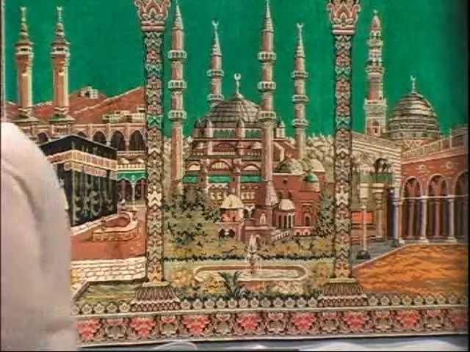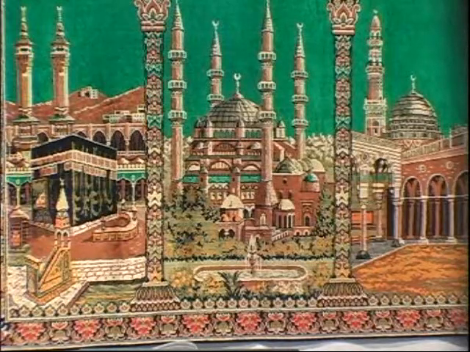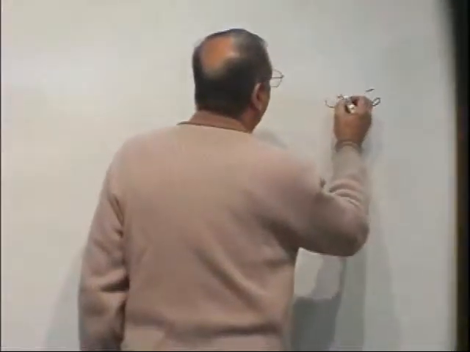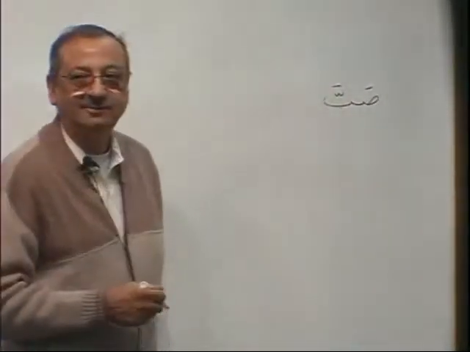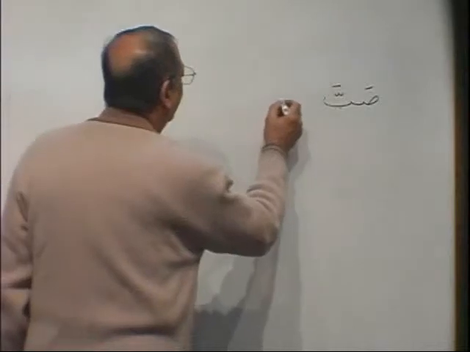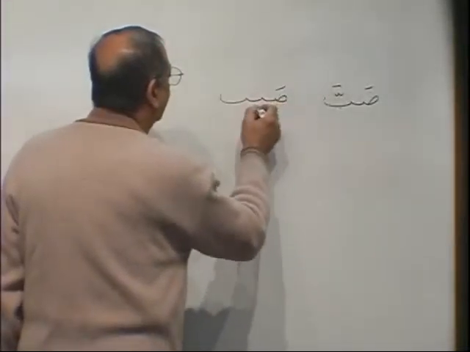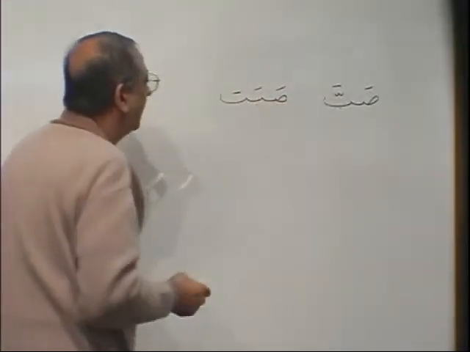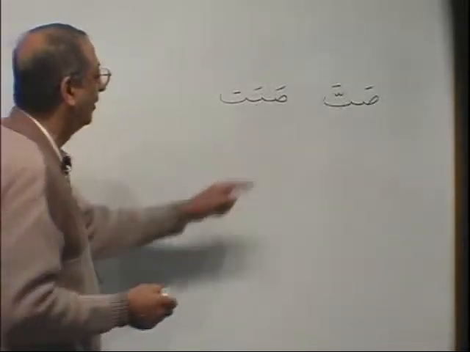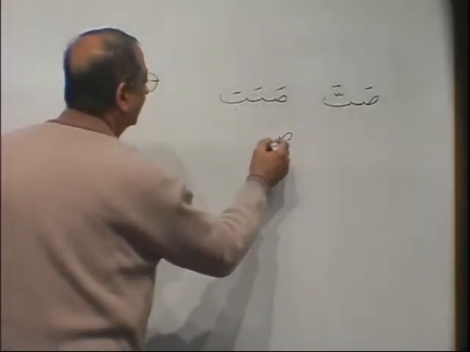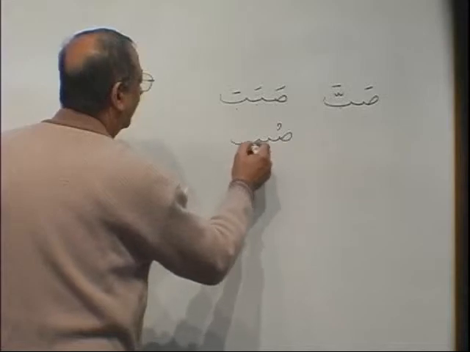Now make it majhul. Sabba. Sabba will become subba. Okay, brother. Let me write it down, brothers and sisters. Sabba. Break it down: Sababa. Now, make it majhul: Subiba.